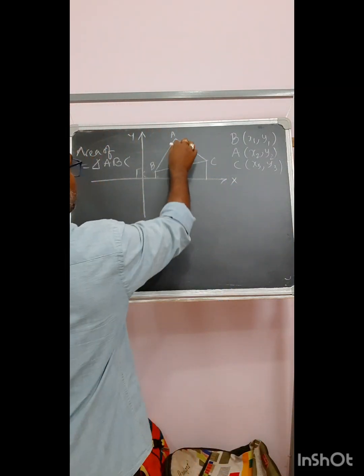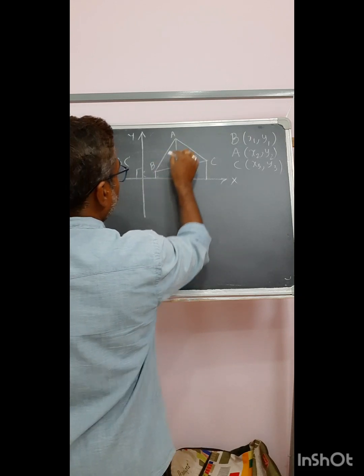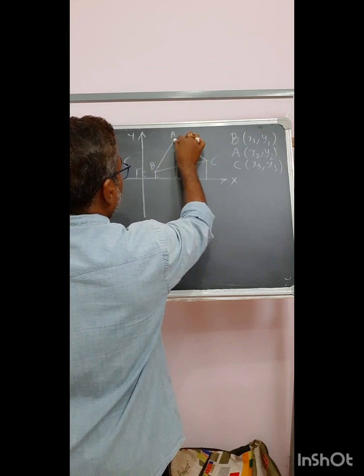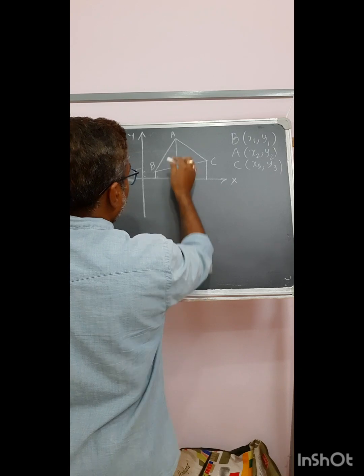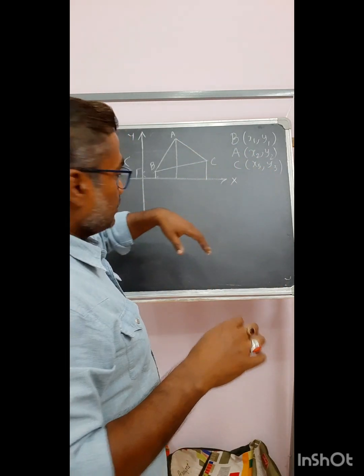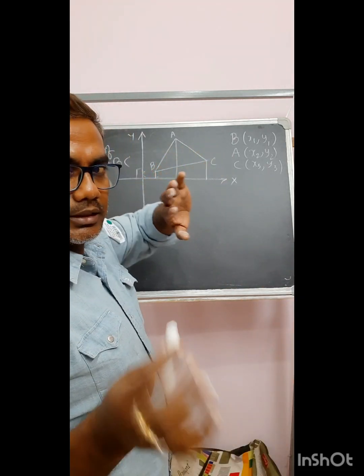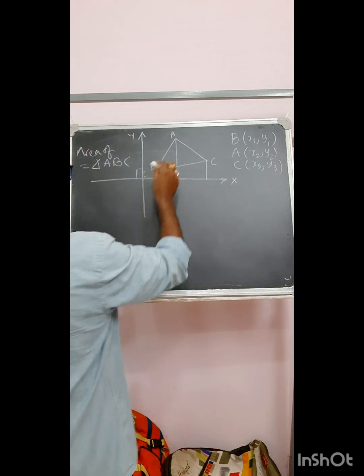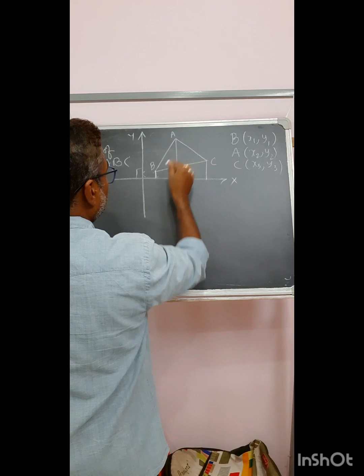So this area ABC can be divided in such a way that I may not get the area directly, rather from other things I can derive the formula of area. Now let's see.